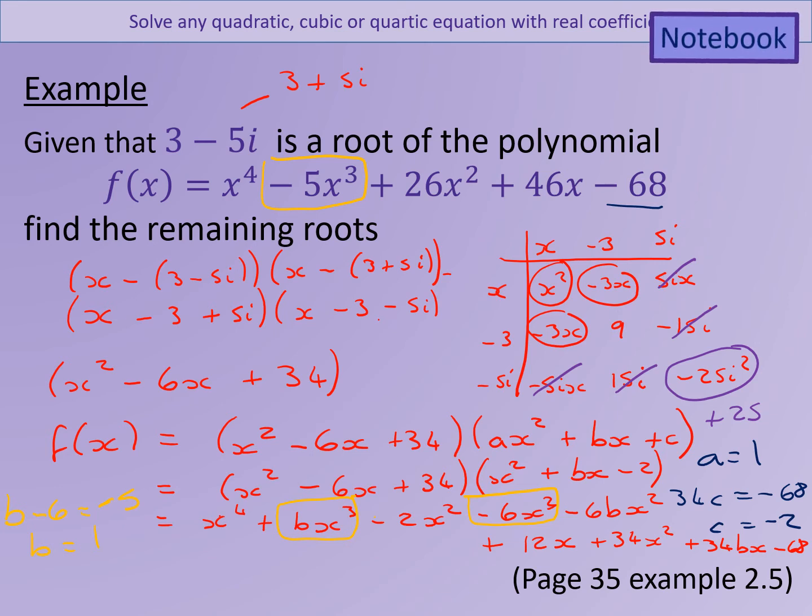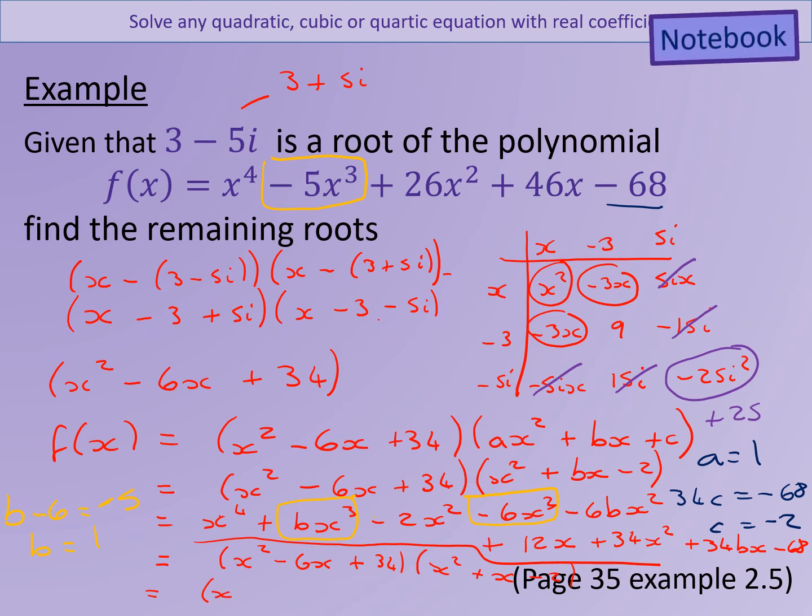Okay, nearly there. So f of x goes into two quadratic factors, x squared minus 6x plus 34. And the second one is x squared, we said that b was 1, so plus x minus 2. We know that the first one went into two complex conjugate roots.